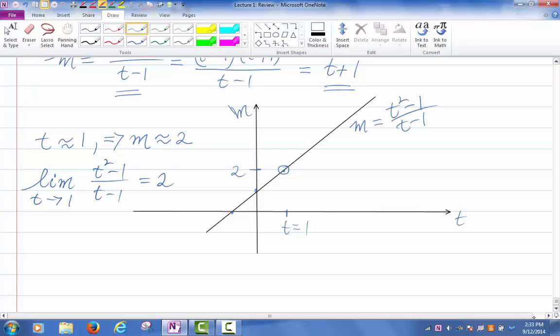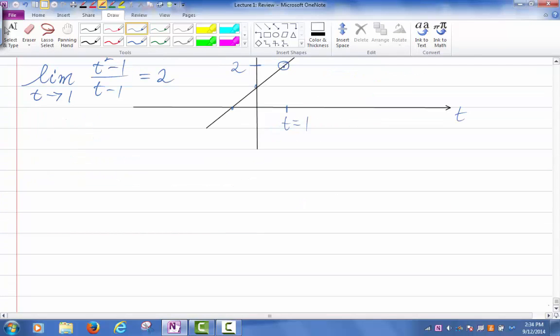Now, is that a good definition of limit? Saying that the limit of this function is 2 means when t is close to 1, this is close to 2. What is the problem with that? Well, then you can say, hey, what do you mean by close to 2? How close to 2? How much close to 2? You have to clarify that. How close to 2?